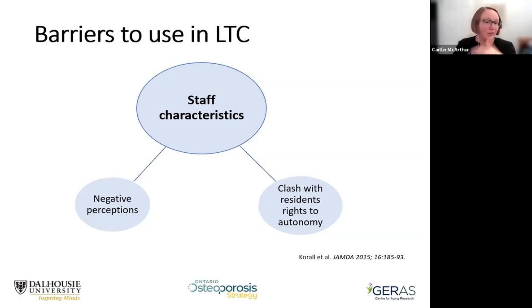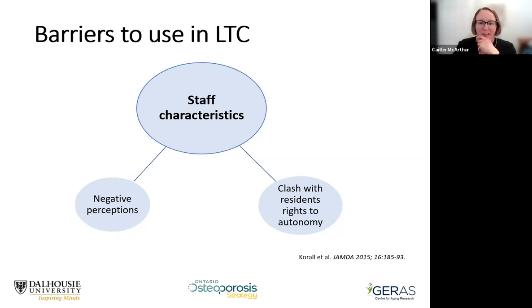Some of them could be quite challenging to put on, or if somebody doesn't like to get dressed or doesn't want to wear them, then it can be quite challenging to help them with that. It could be perceived as time consuming and stressful by night staff, that people don't like to wear them, so why are we making them wear them? And so clearly those could be barriers.